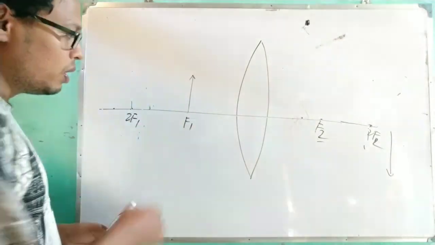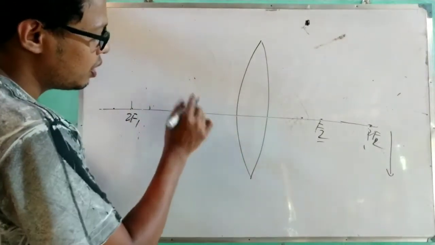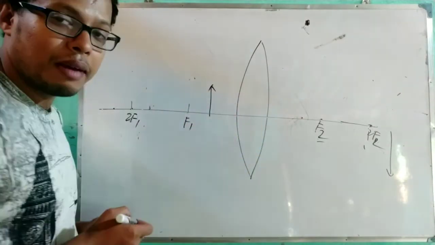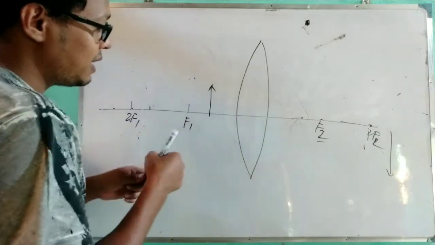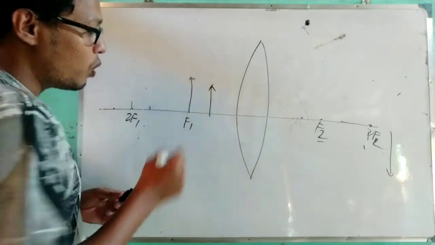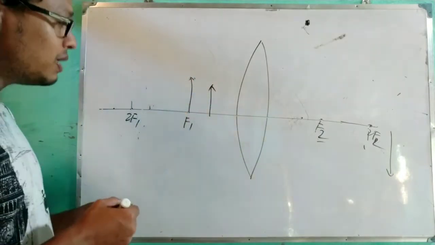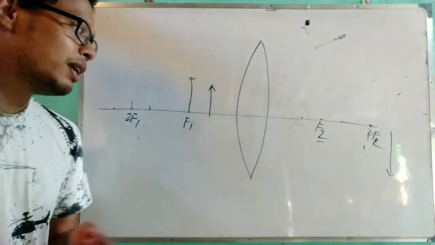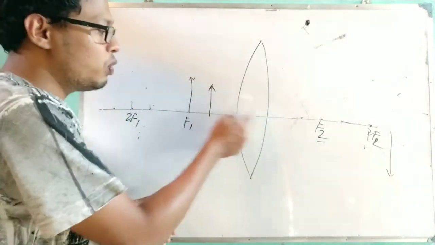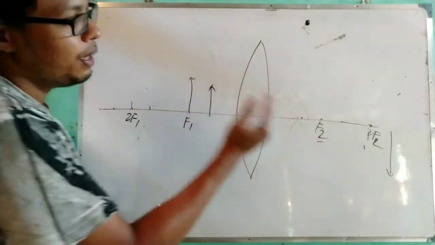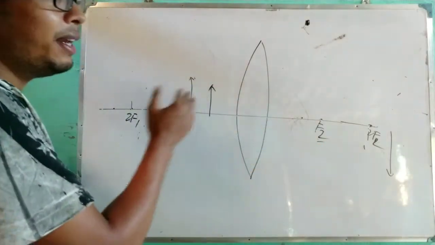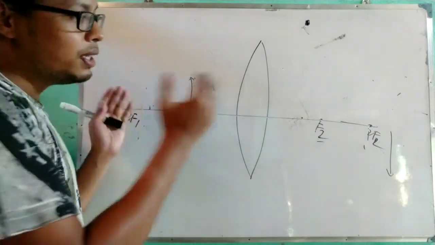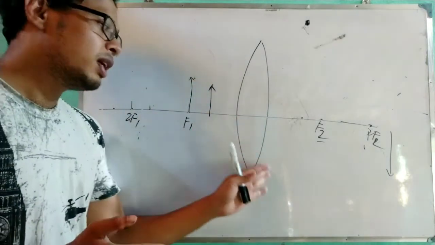Now further moving the object towards the lens, up to focus, the images will be real and inverted. But further moving from f1 towards the lens, the images will be virtual and erect, and they form in front of the lens. Okay, this is all about the ray diagrams of the convex lens.